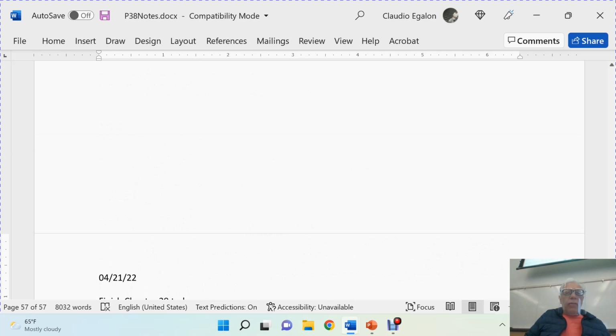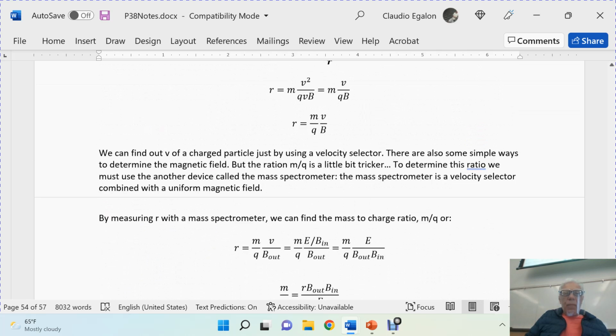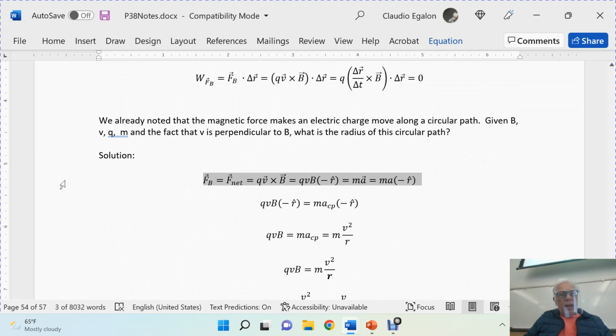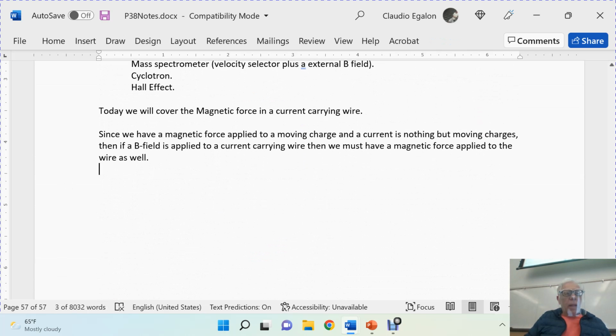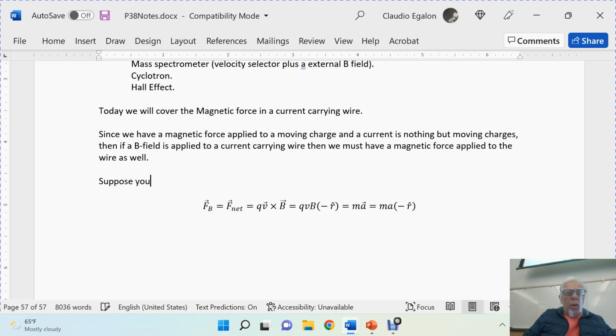The treatment is very easy. How do you find out the magnetic force in a current carrying wire? Well, it's rather easy. Suppose you have an infinitesimal charge dq in a wire moving with a velocity v.